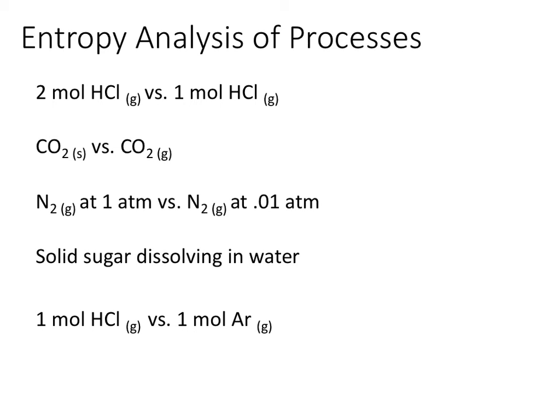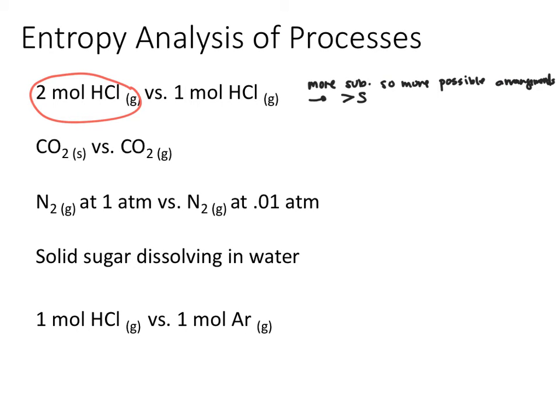So something that has more arrangement opportunities is going to be more likely to be spontaneous because it should have more entropy. So in this case, we are going to select the 2 moles of gaseous HCl because there are more molecules, or there is more of the HCl, so it has more opportunities to reach specific states.